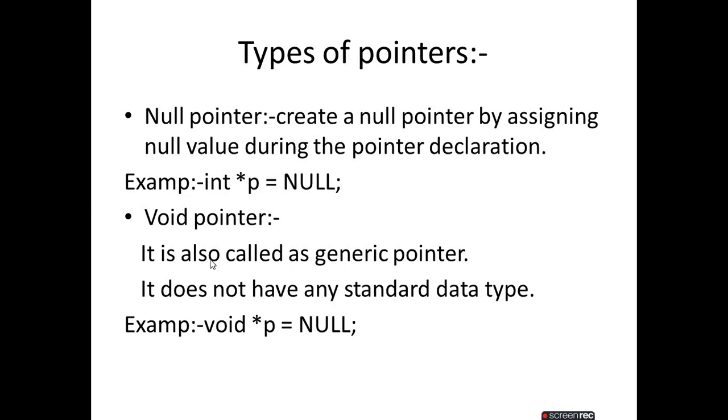Next is the void pointer, also called a generic pointer. A void pointer does not have any standard data type, meaning we cannot say it is an integer, float, or double. For example, we use the keyword void: void *p. This is a void pointer.